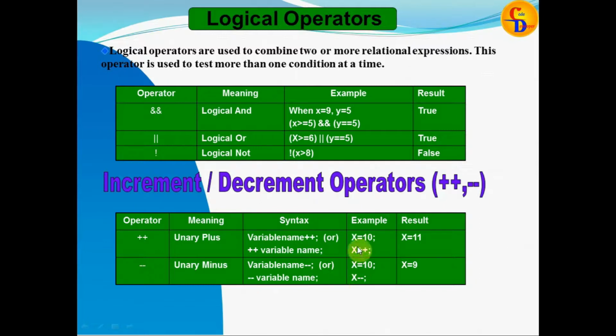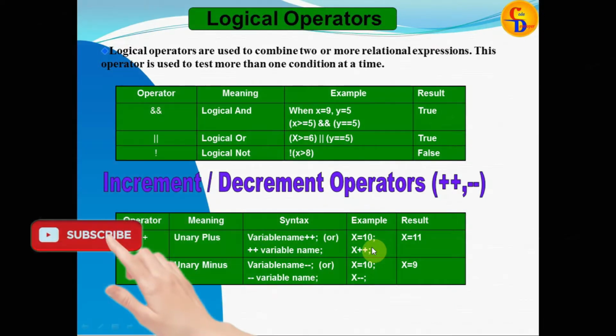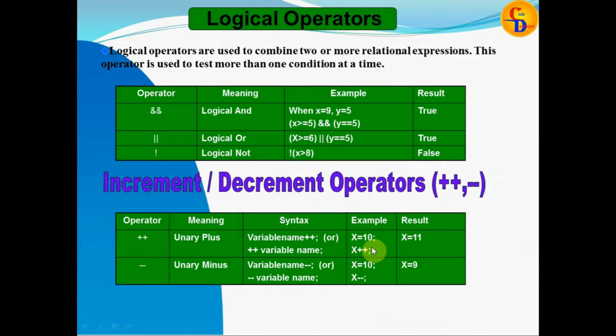If it is prefix, plus plus x, first of all we increment the value, then after. Prefix means first increment the value. Postfix means first the value is printed, after that the value is incremented.